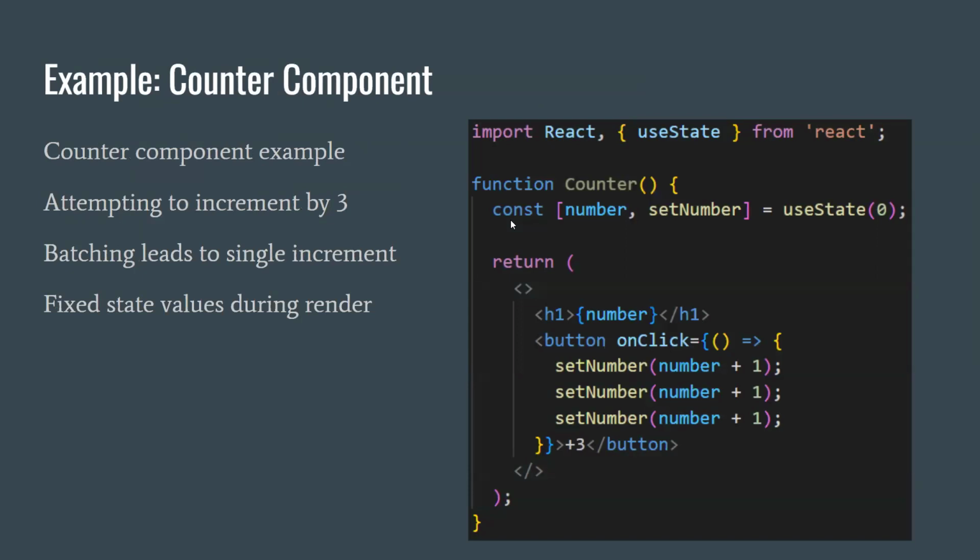So let's look at an example counter component. This counter component tries to increment the counter by 3 using separate setNumber calls. You might be expecting the counter to increase by 3, but due to this batching mechanism, these updates are combined and the counter increments by only 1.